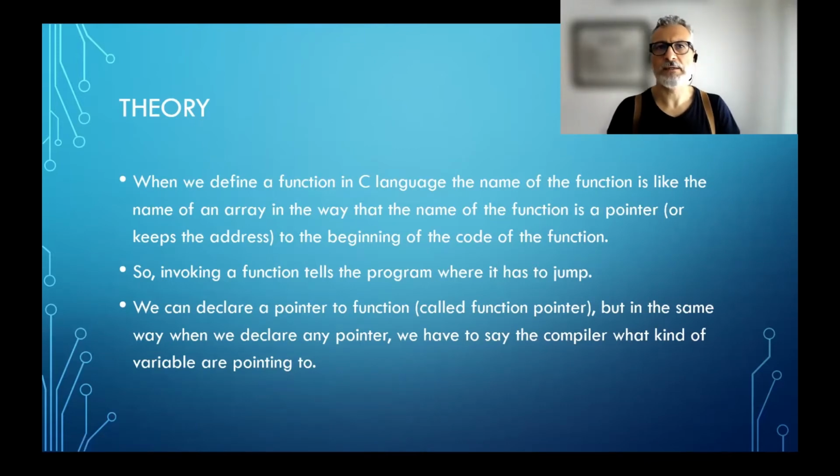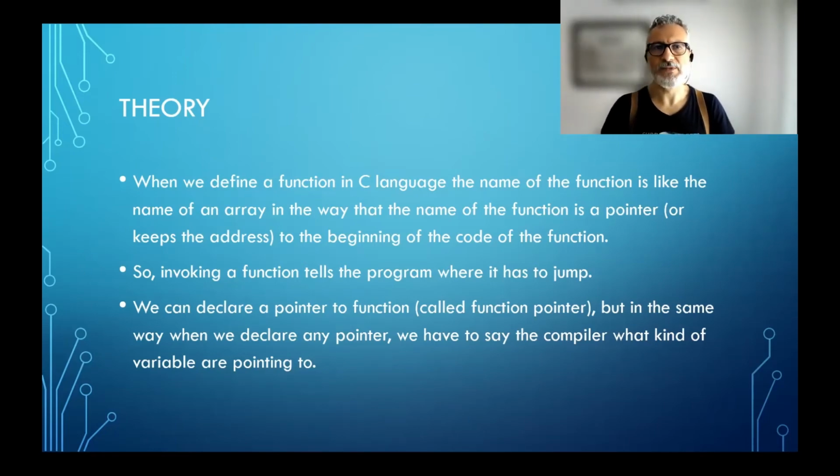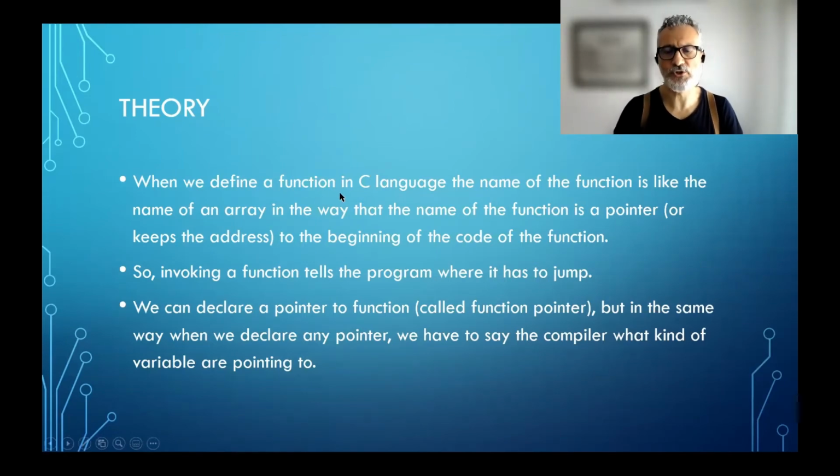Okay, when we declare a function pointer, we have to say it is a pointer that points at a function with these inputs, with these parameters, and these outputs, because the compiler needs to know the size of the bytes that this pointer points to.